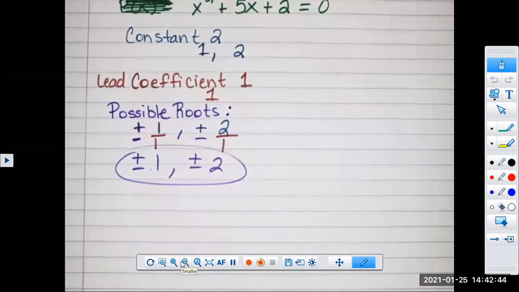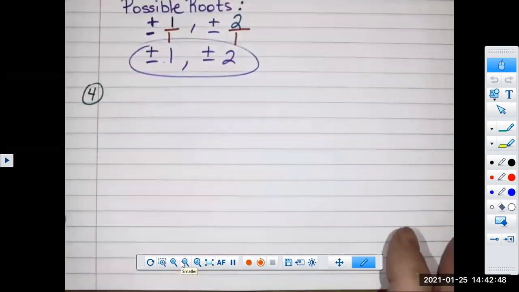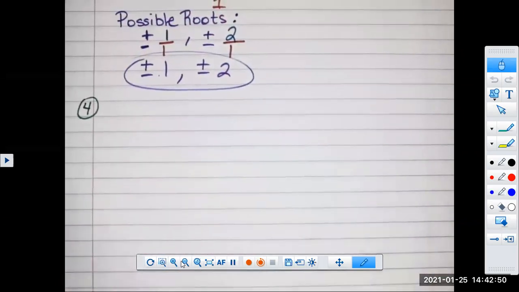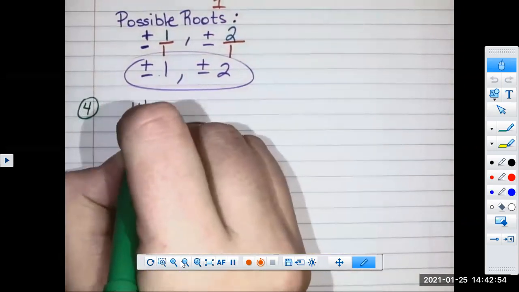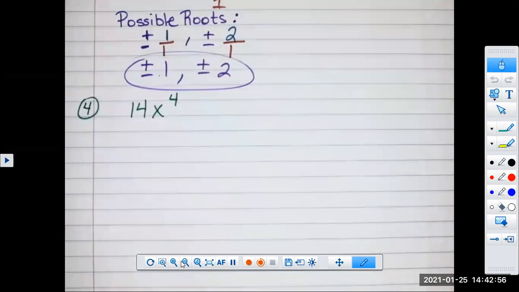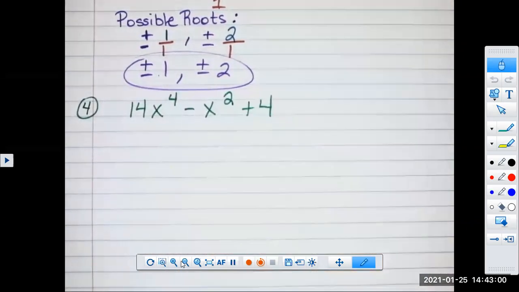All right, we're going to do the same thing in 4. Find all your possible roots. And in this case, you're given that your polynomial is 14x to the 4th minus x squared plus 4.